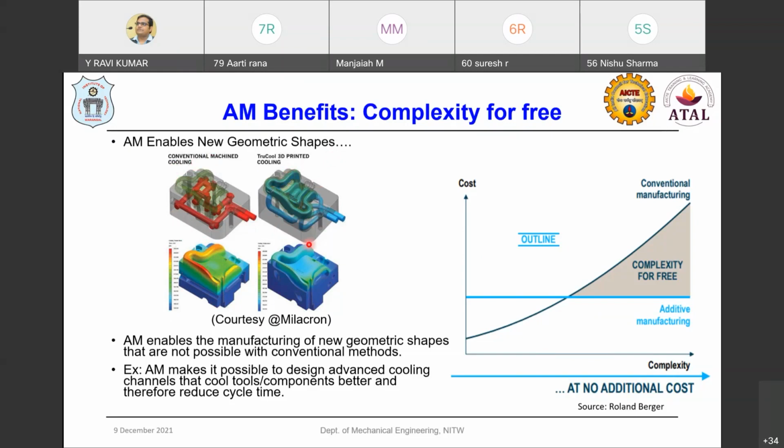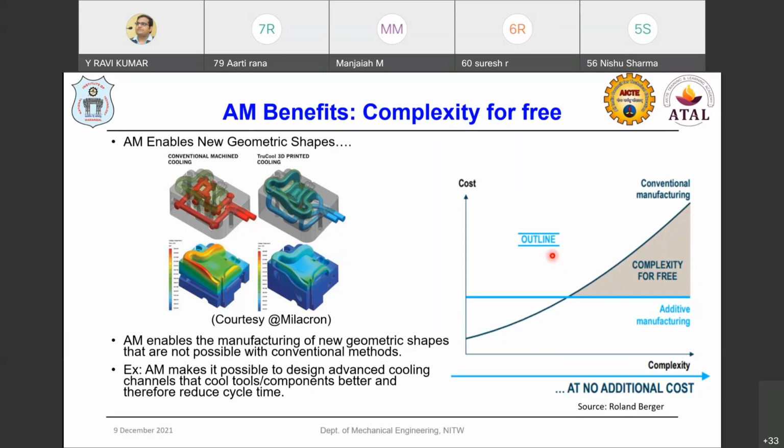This part can be directly made with the metal AM process, which gives a new geometric shape that is not at all possible with conventional manufacturing methods. That can be made with the 3D printing process. It makes it easier and possible to design advanced cooling channels in the tools or components, for better performance and a reduced cycle time of the manufacturing process.